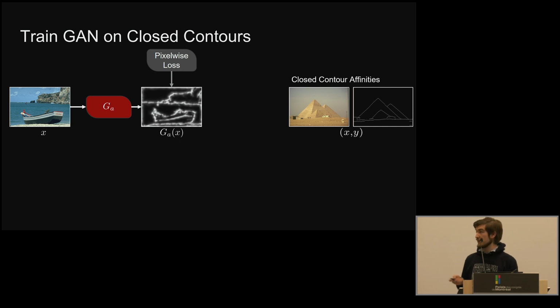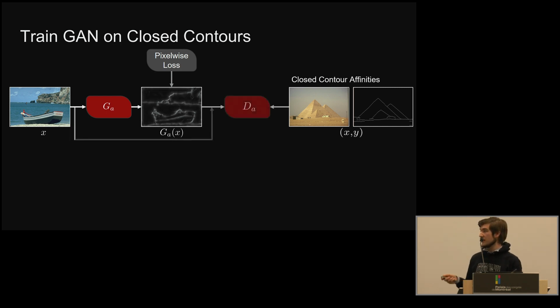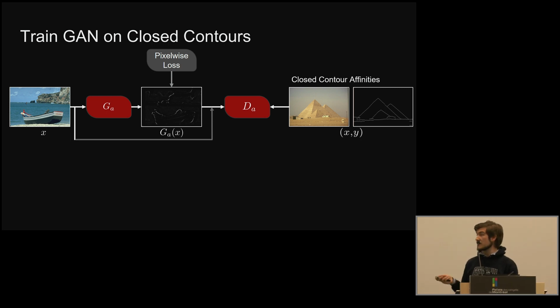So this is a perfect setup for a conditional GAN. Here I've introduced the discriminator that gets input images X and the matching contours, or pairs of input images and generated contours. We can see that this improves our segmentation performance, but unfortunately it also has a very unstable training process.